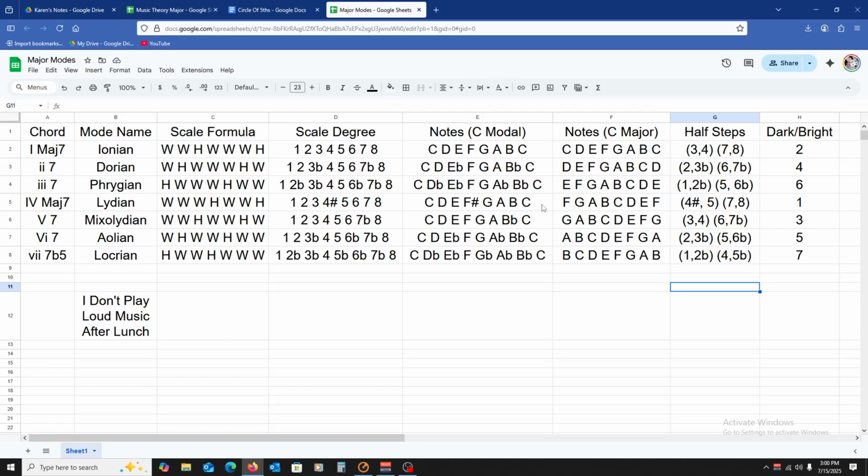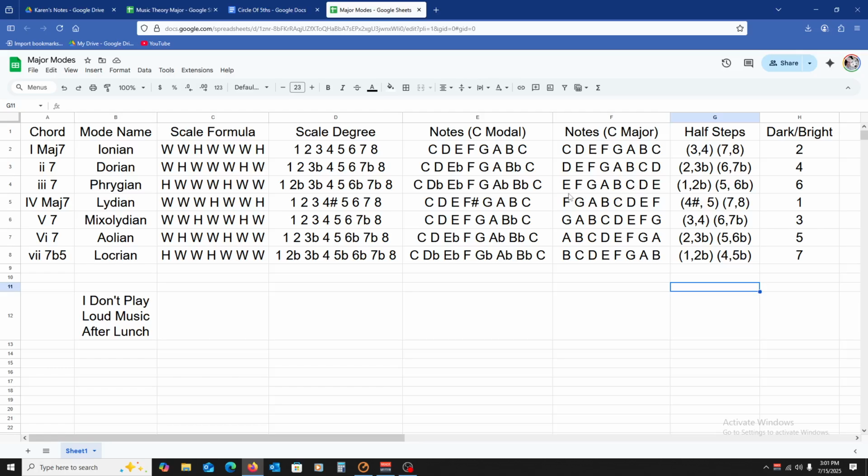Sometimes you can relate those scales to chord progressions, but it's not really necessary. Oftentimes you're going to be using these concepts without even understanding modes at all. And modes are probably most helpful when it comes to improvisational types of things.